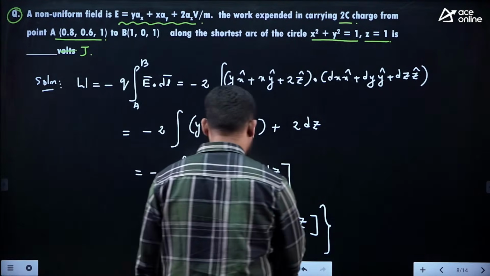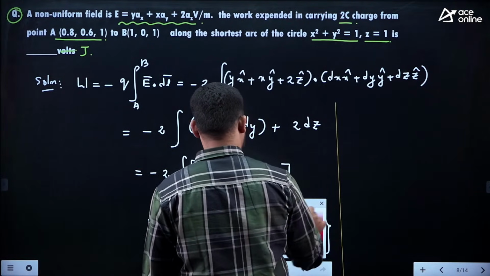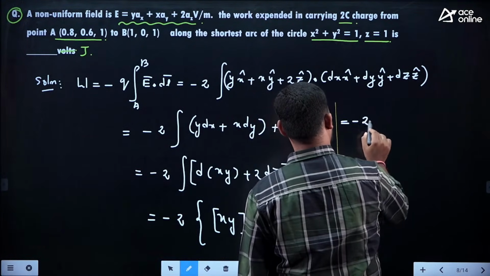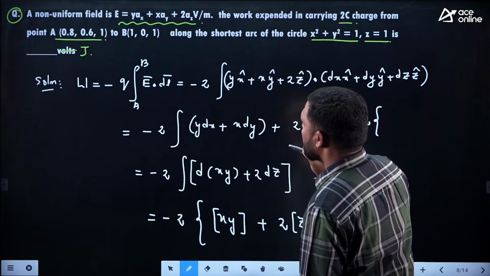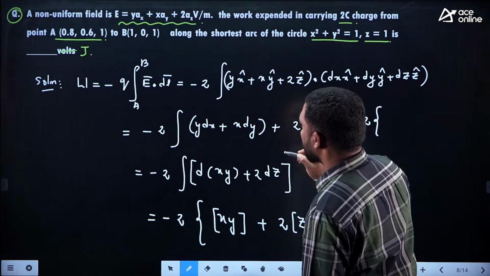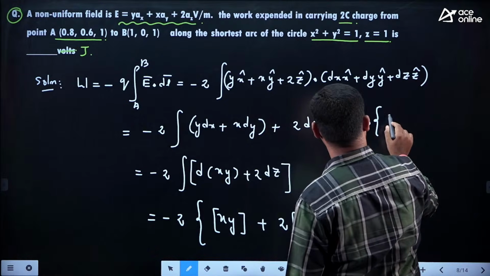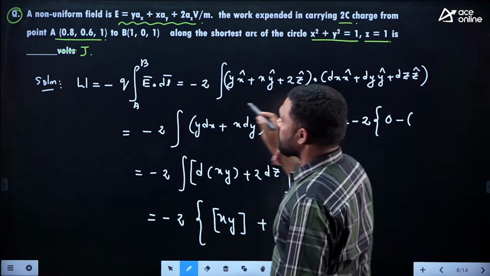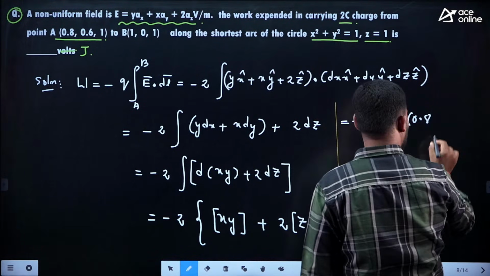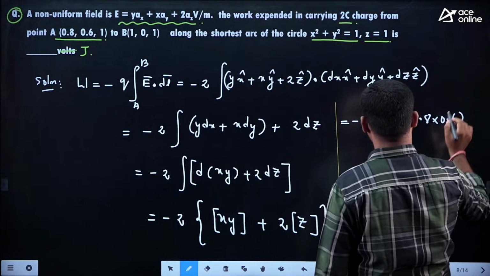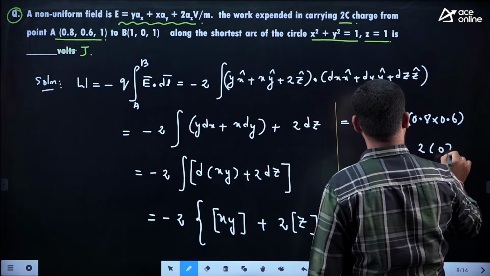Okay, guys. So what is the upper limit? It is from A to B. The upper limit for x and y product is 0, it will become 0, minus the lower limit, which is the product of these two things, 0.8 into 0.6, plus upper limit minus lower limit, it is 2 into 0.